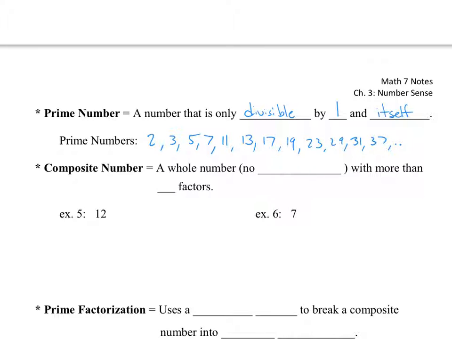Because every even number is divisible by 2. So every even number is not prime. So it has to be an odd number, unless it's 2. So the only even number that is prime is 2. Every odd number, we're not sure. We've got to decide if 3 or 5 or 9 go in there if it's an odd number. Okay?